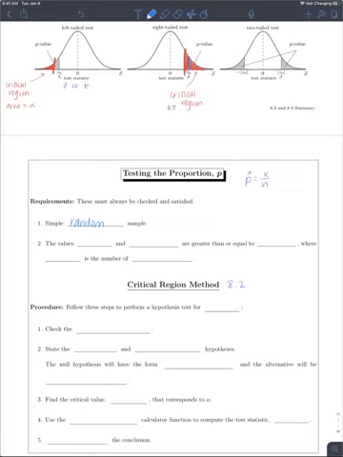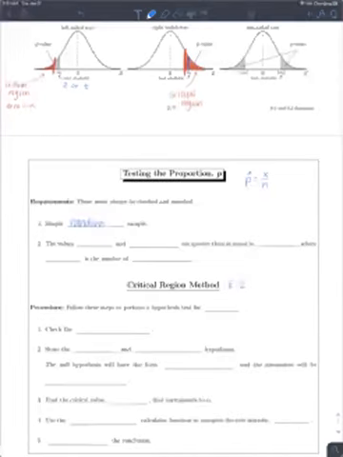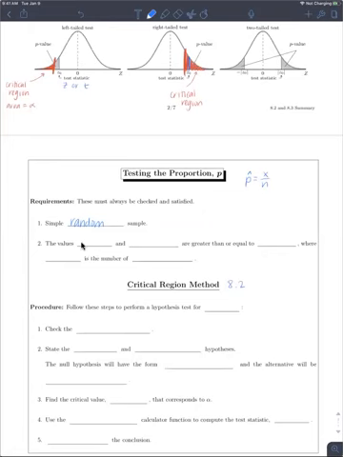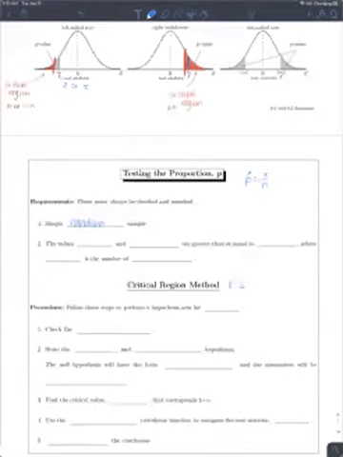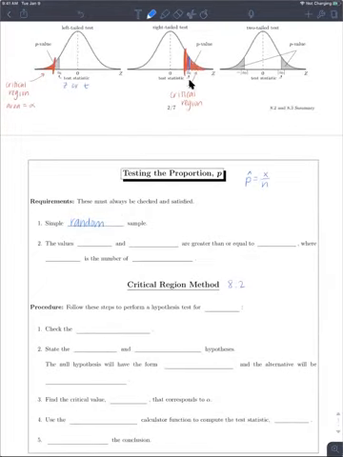Oh, she needs a password. If she clicks the link, it should just let her get in. But hang on, let me look for that password. I don't know how to find the password. Yeah, tell her to click the link from Blackboard and she should just get in automatically. I'm not sure why it's telling her she needs a password.